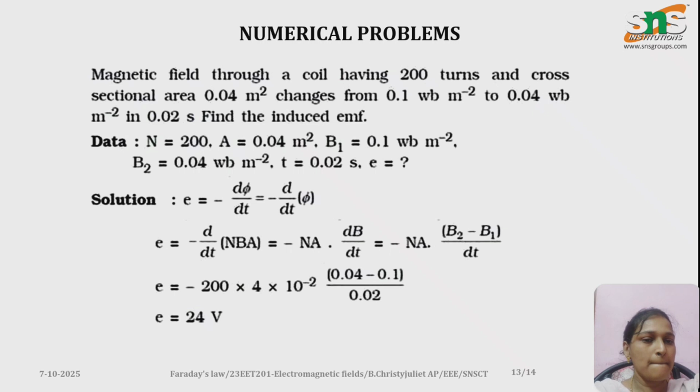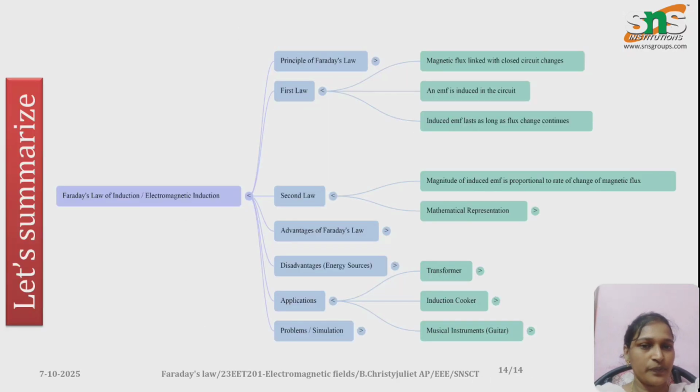So here, minus N A into dB by dt. Here N is 200 and A is 0.04, and the field changes from 0.1 to 0.04. Therefore dB by dt is 0.04 minus 0.1 because it changes, and the time in which it changes is 0.02. So by solving, you will get E is equal to 24 volts.